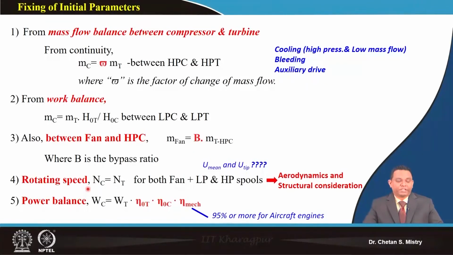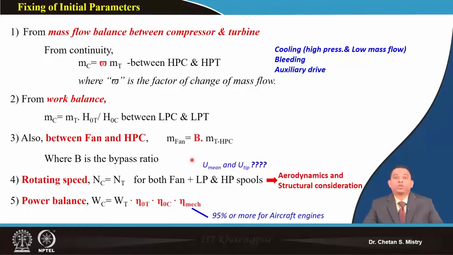Next parameter is the rotational speed. As we have discussed, the rotational speed of the compressor and the rotational speed of the turbine need to be the same. Here the major challenge comes when we are talking about the LP compressor or fan, where we have limitations in aerodynamics and structure. We have discussed this point earlier also.